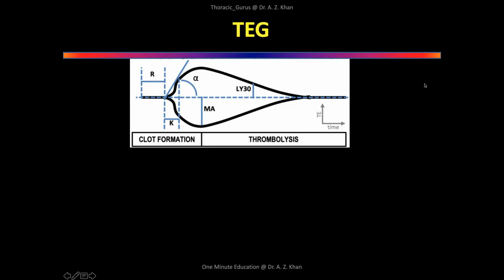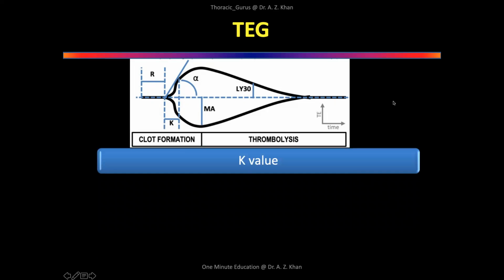Let's look at the next factor. What is the K value here? There is something called the K value. You can see this K. What is K value? Anybody wants to take it? Any cardiac boys, any international guys with cardiac experience? Salman, are you cardiothoracic?